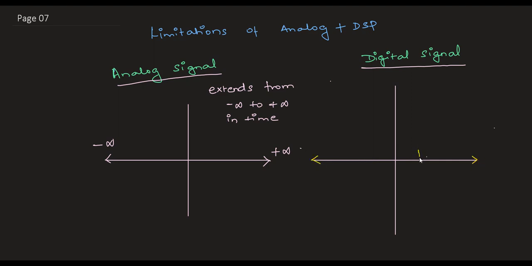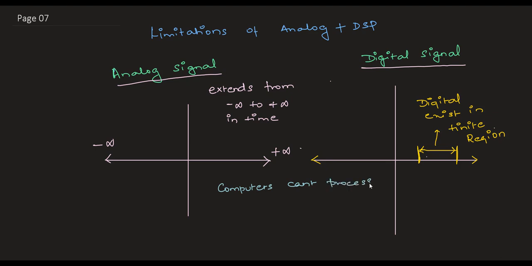So how? Let us say a digital signal is a finite duration signal. A signal which exists in this band is your digital signal, and this can be processed and handled easily in your computer or in digital signal processing. Now when I do my analog to digital conversion, basically what I am doing is taking this minus infinity to plus infinity signal and representing it in this small band.